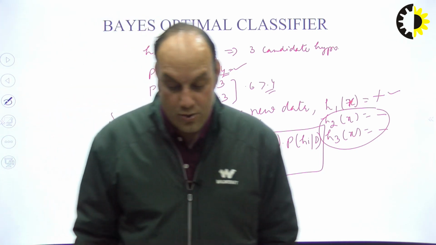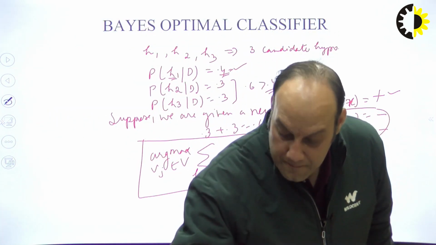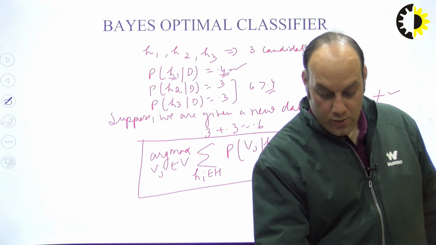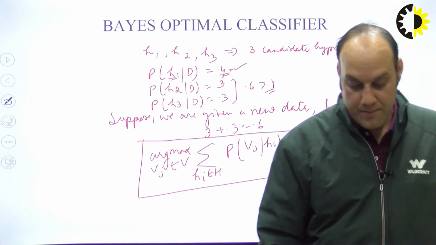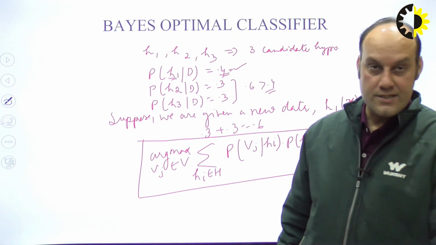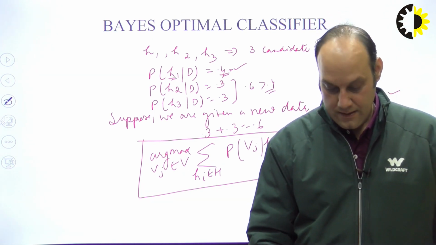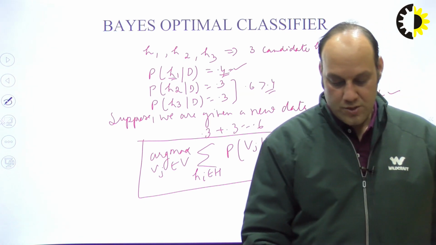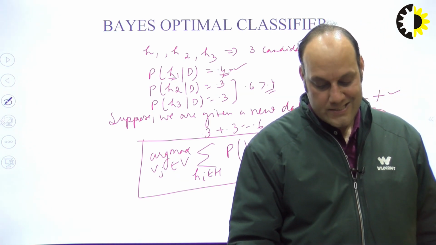In order to find the Bayes optimal classifier, for the test instances we have to apply all the possible hypotheses on those test instances.